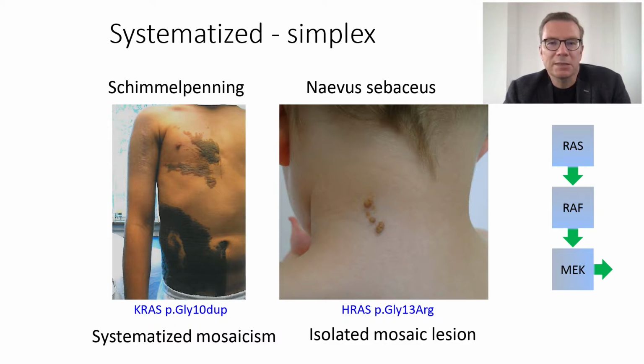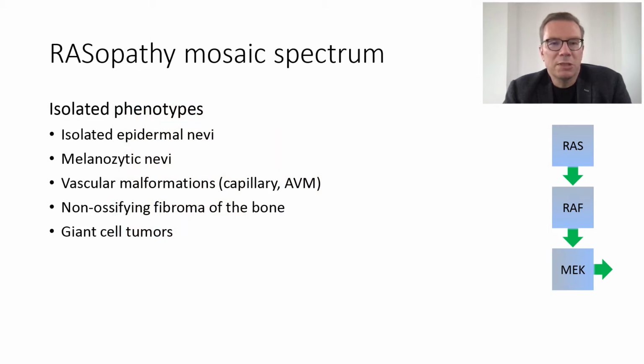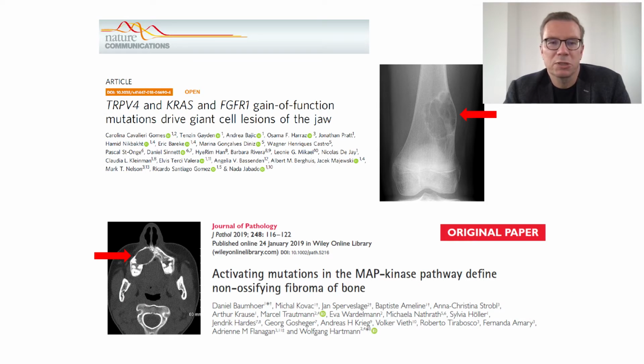In all these cases, the mosaicism can be systematized with multiple lesions dispersed over the entire body, but also a single lesion can have the same or virtually the same mutation. And all these elements we see in the complex phenotypes may also occur as isolated lesions like epidermal nevi, melanocytic nevi, isolated vascular malformations, fibromas of the bone, or giant cell tumors.